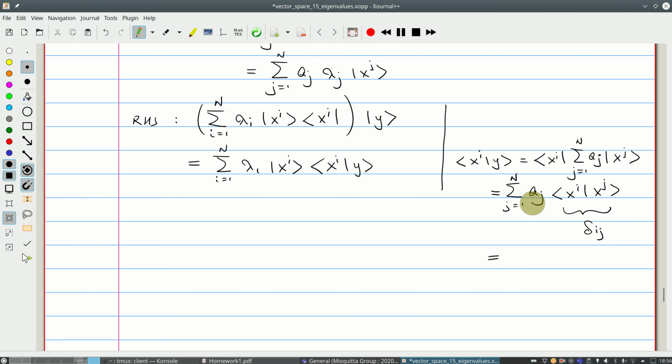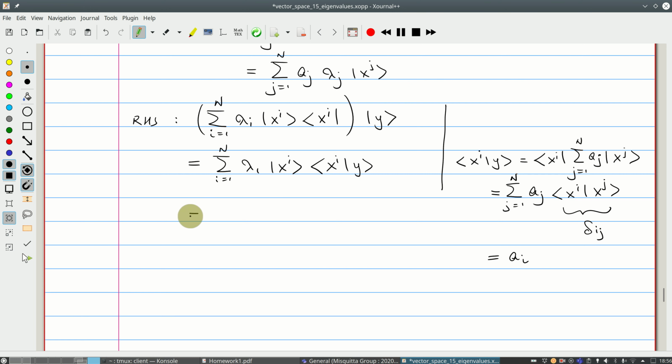The Kronecker delta collapses a sum and it sets the dummy index, which is j. Remember, j is dummy because I'm summing over j. So the only non-zero value of the Kronecker delta will be when i is equal to j, or j is equal to i. In that case, you will get a 1 from here. In all other cases, you will get a 0. So when you get a 1 from here, you will end up only with this thing, ai.